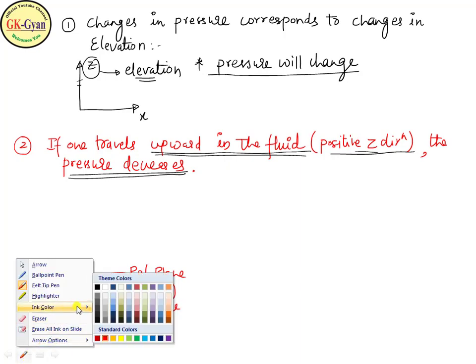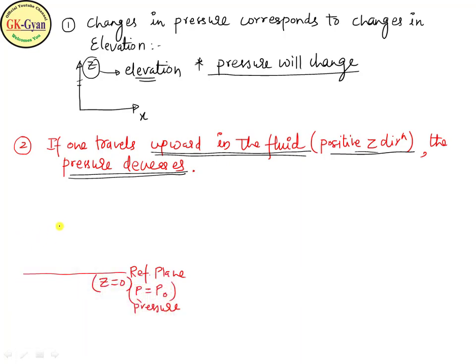Here you are moving in the upward direction, so it will be positive z direction. Let this be point A, and the pressure at this point will be PA. Here the fluid we are using is incompressible fluid, that is, density is constant.